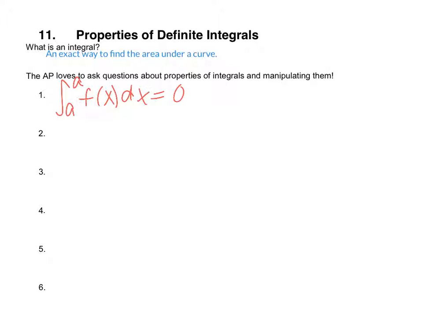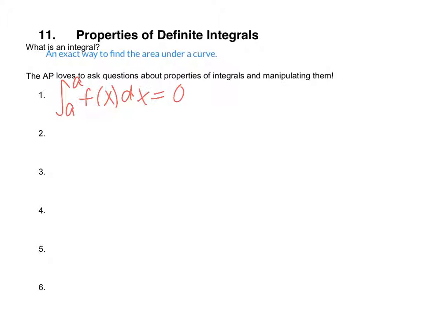Because if I'm integrating from a point to the same point, then I didn't move, which means I have no area. So a to a, or like 2 to 2, or 6 to 6, is just going to be equal to 0. There is no area because I'm not moving at all on my graph.